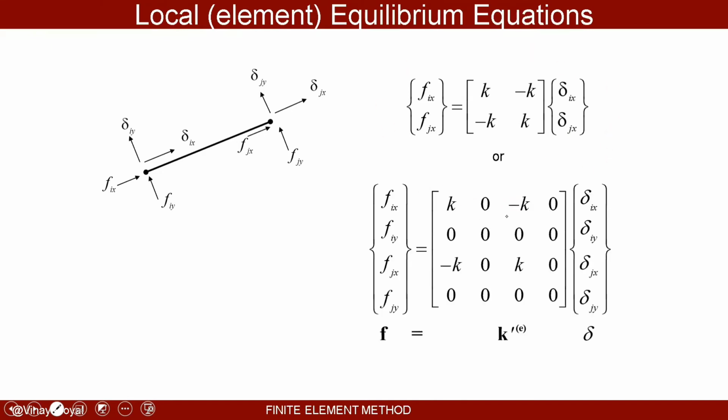But I'm going to do a little trick. I'm going to go ahead and expand this matrix by adding rows of zeros and columns of zeros, two rows of zeros and two columns of zeros, with a little trick in mind. This right here, Fix and Fjx are the ones you see here, and del Ix is right there and del Jx is there.